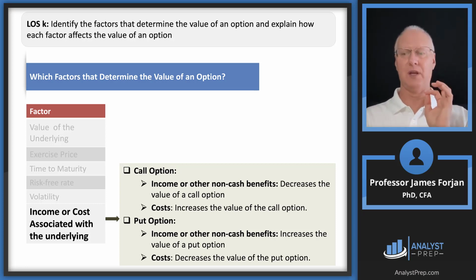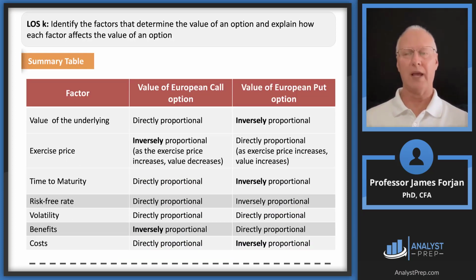Now, just the opposite happens with the put option. So any income increases the value of the put option, and any costs decrease the value of the put option. So get out your phones. Here's a great picture of a summary of what I just described. There are the variables down the left-hand side, and these are really, really good exam questions.